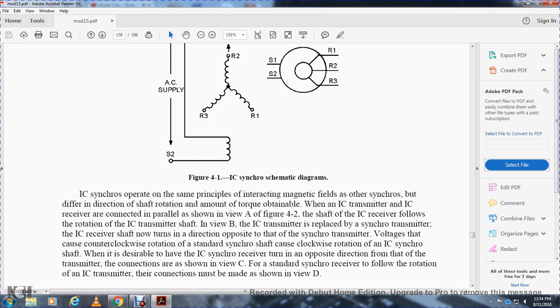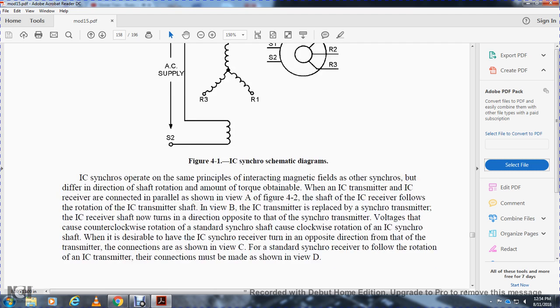The interior communication synchro receiver turns in the opposite direction from that of the transmitter. The connections shown are for the standard synchro receiver, and the connections that must be made for rotation of the interior communication transmitter are shown in view D.